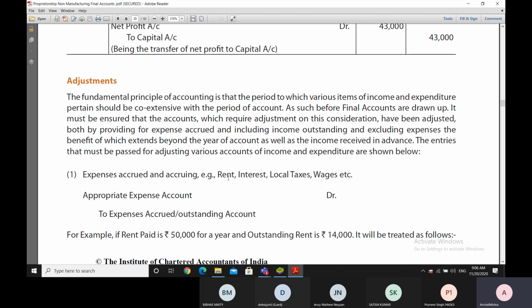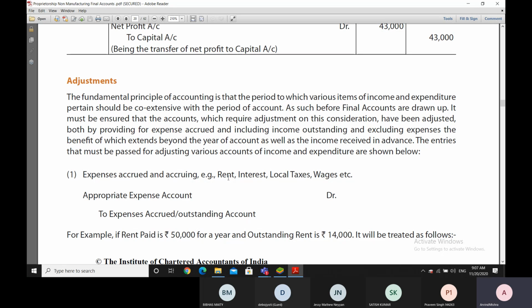And in case we have to adjust those accounts by providing some expenditure which was maybe accrued for that period and it is not being entered, and by including the income which is outstanding and has not been so far brought in, but it has accrued and therefore it has to be entered in the books.